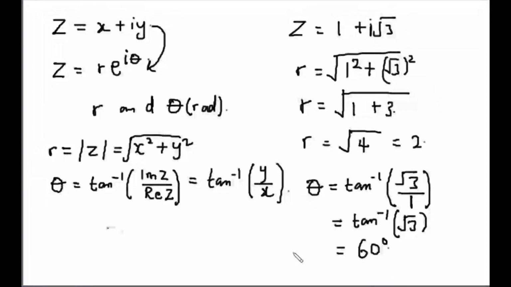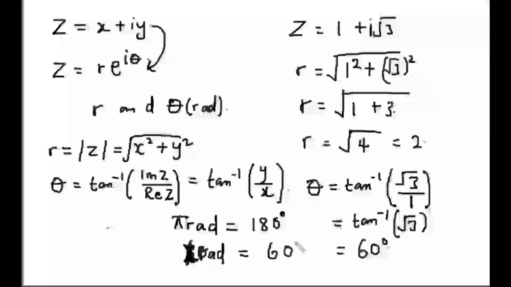So to convert this to rad, we know that pi rad equals 180 degrees, and then we know that x rad would be equal to 60 degrees.